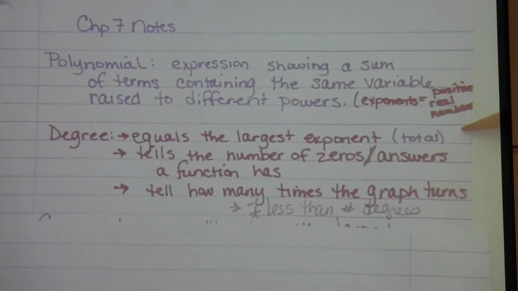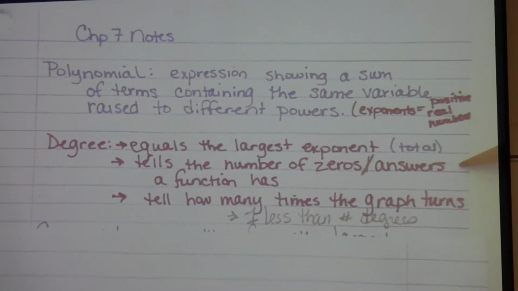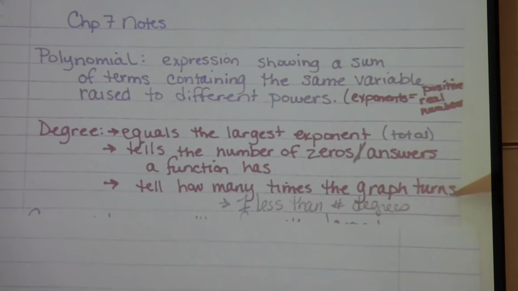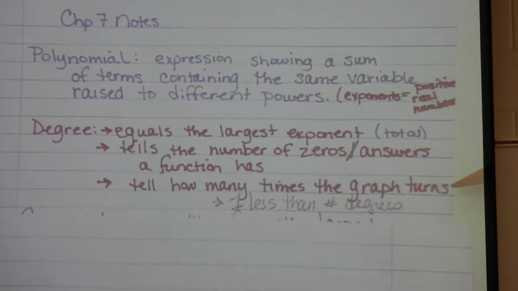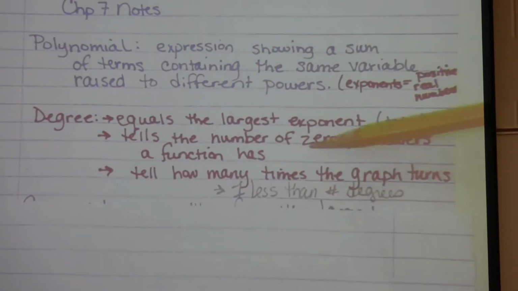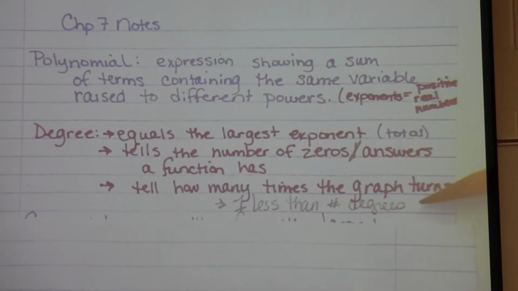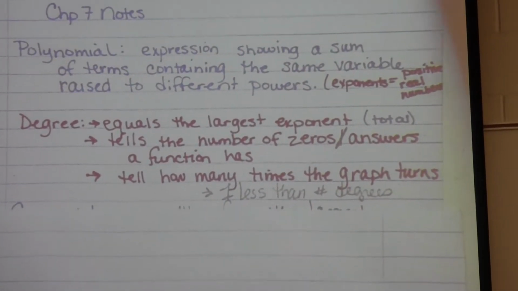And that degree also tells us how many zeros or answers we're going to have to our problems. And it will tell us how many times the graph turns. Because the graph is going to turn, like move in different directions, one time less than the number of degrees.